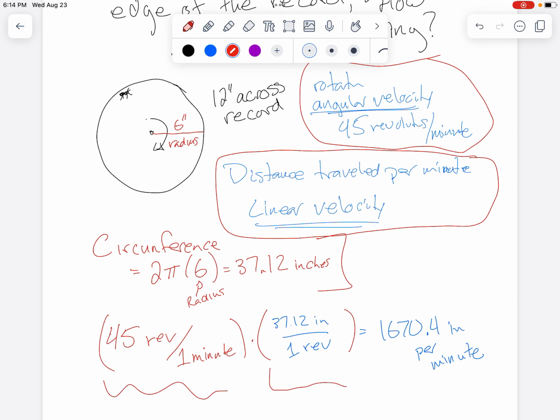You can change that into a distance per minute by setting up this proportion, or this ratio, so that the revolutions cancel out and you're left with inches per minute. And so you multiply 45 times 37.12 and you get that it's about 1,670 inches per minute. You could eventually change that to miles per hour if you wanted to, but we're not going to do that now.